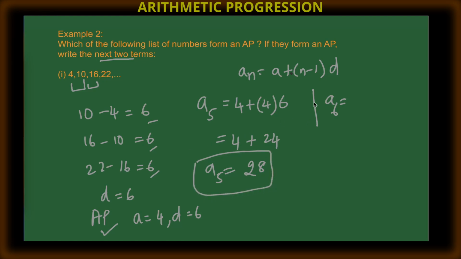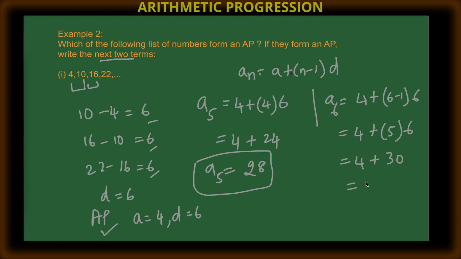Okay, so like this let's try to find out the sixth term. What is A here? A is 4 plus what is N here? N is 6. 6 minus 1 into D. What is D here? D is 6. Okay, so 4 plus 6 minus 1 is 5 into 6. 5 6s are 30.